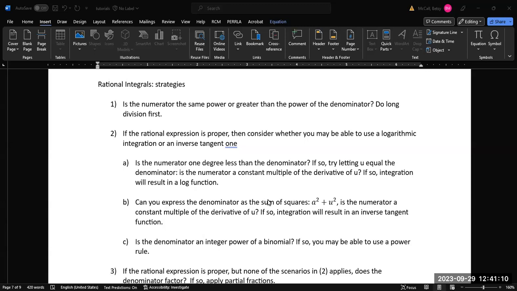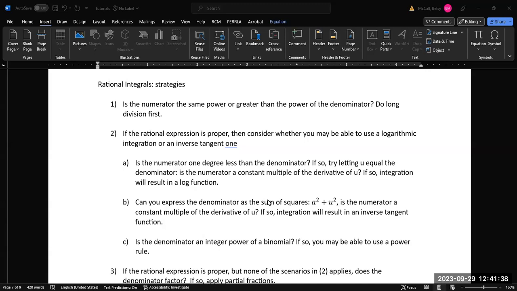We may have inverse tangents that we have to worry about. So there's a lot of things that we have to consider, different approaches. We may even be able to do, in some cases, integration by parts or trig substitution, depending on what's available to us. So it's a good idea to have at least a short checklist of things that you can consider before you get too far into the weeds.